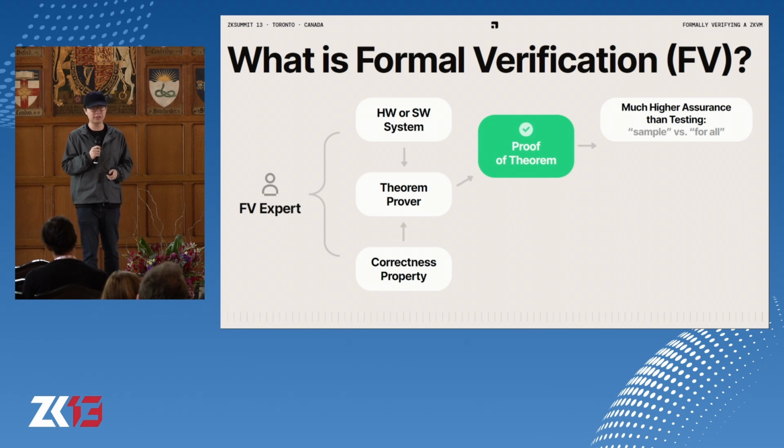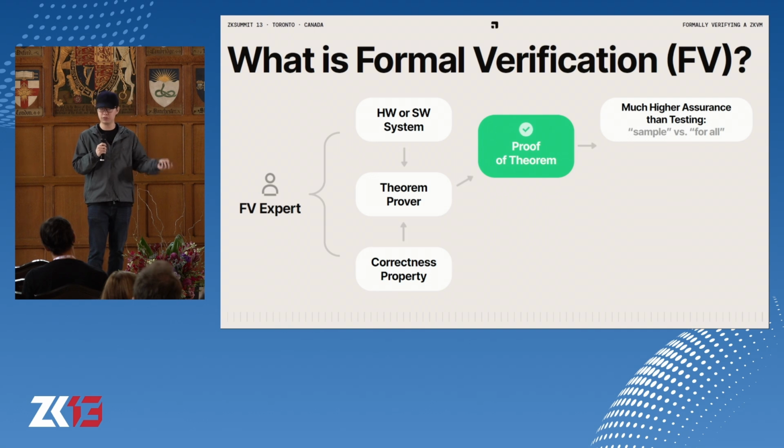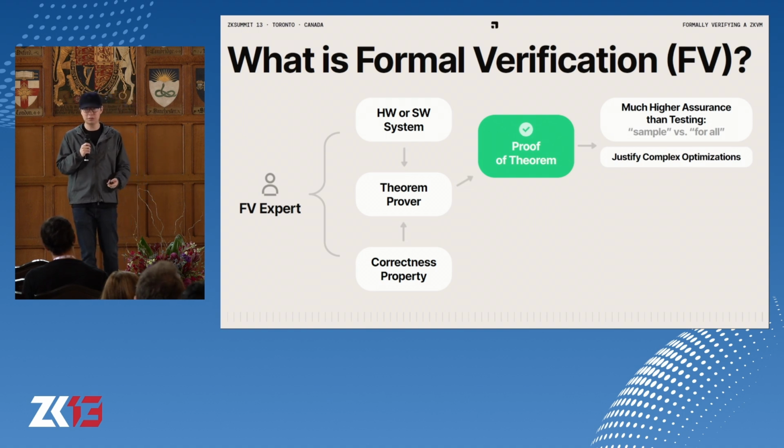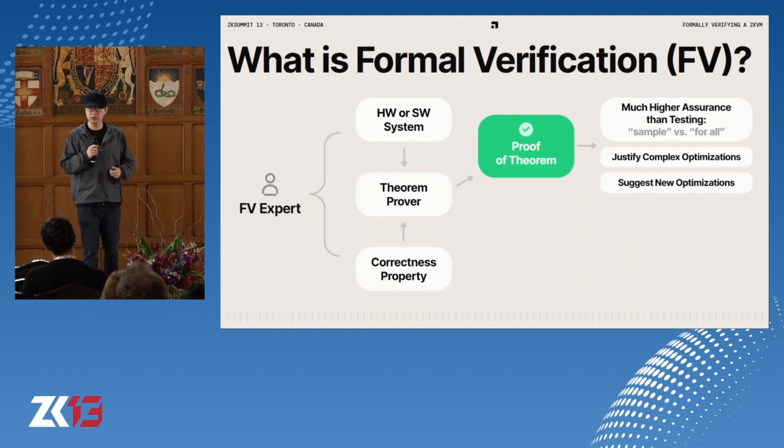You can now address cases that are really sampling for all types of integers, all types of variables, all types of circumstances, and that gives you a strong assurance. It can also be used to justify complex optimizations and also suggest new optimizations.